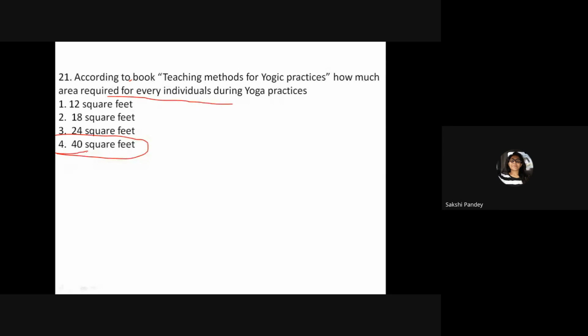Sakshi ji, in individualized instructional method, is there a group or is the teacher teaching personally to an individual? I think it's a group. Yes.